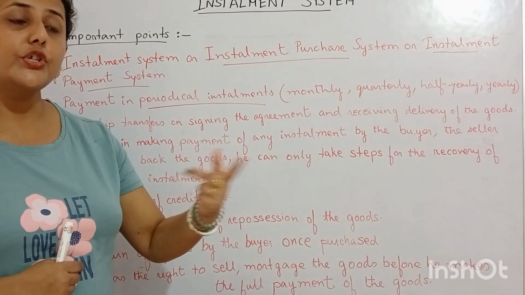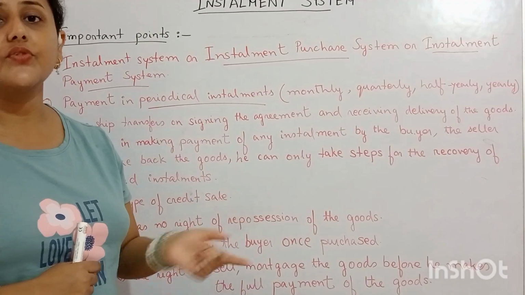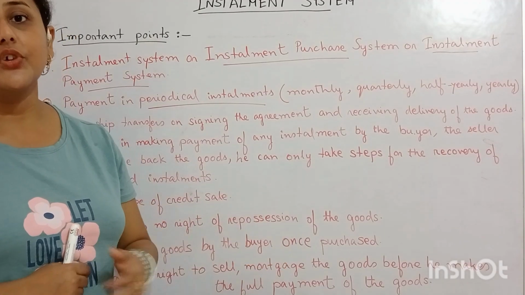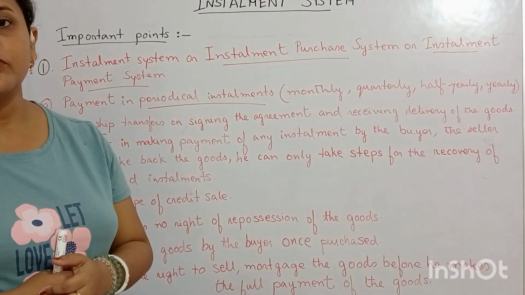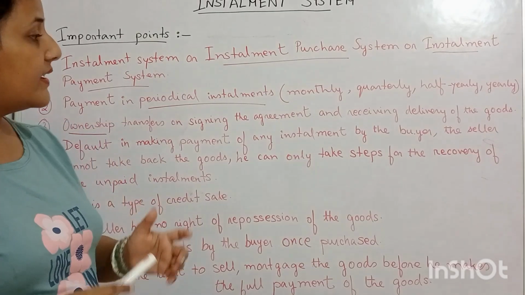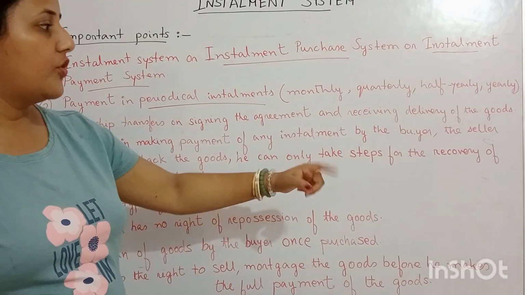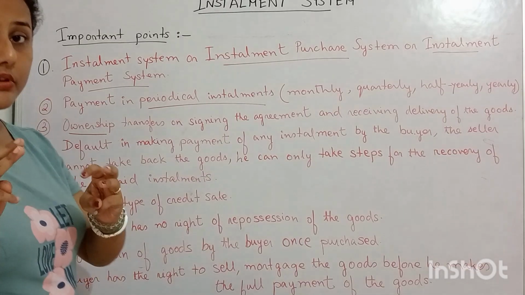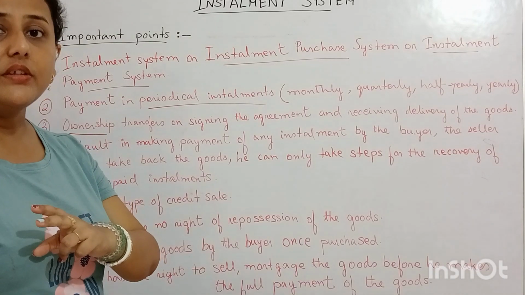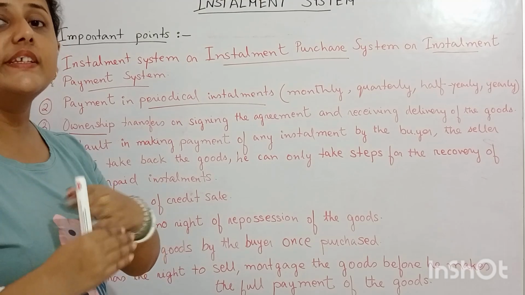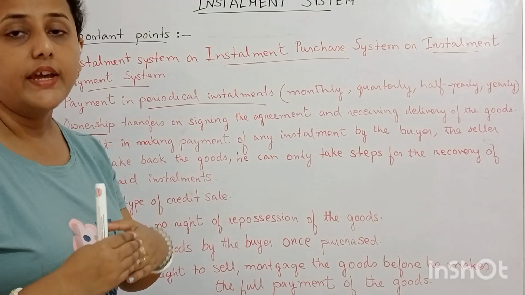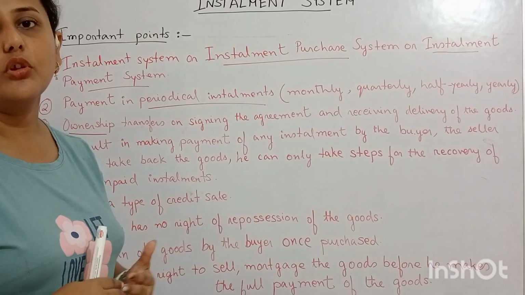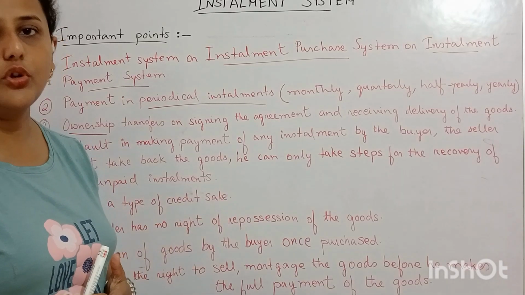Okay, because the ownership of the goods has got transferred to the buyer on the very date of purchase of the goods by the buyer. So the seller can only take steps for the recovery of the unpaid installments. So for the leftover 3 installments, the seller can only take steps against the buyer to recover the amount of those installments.